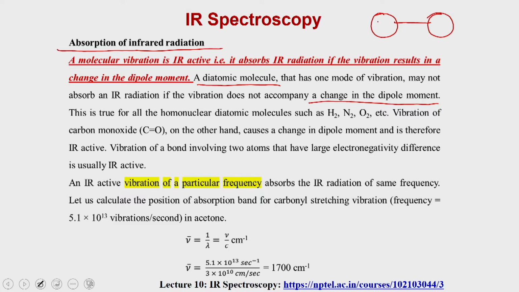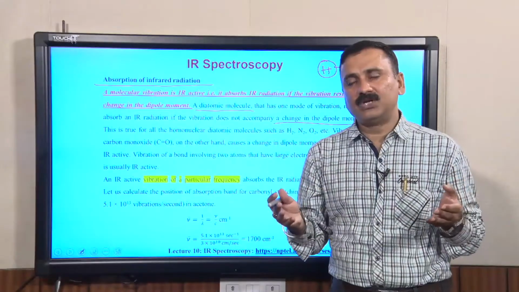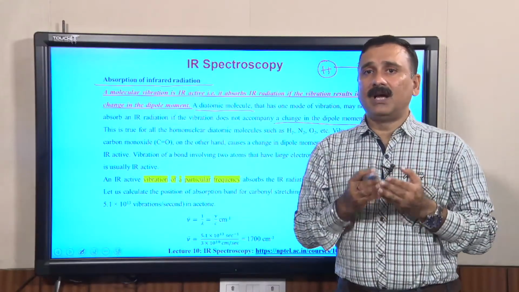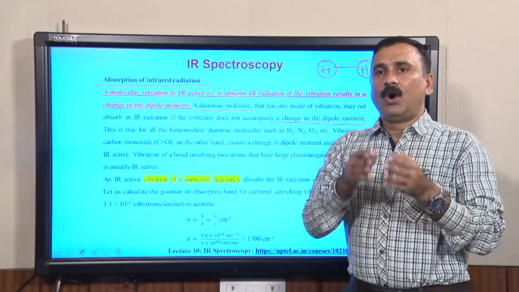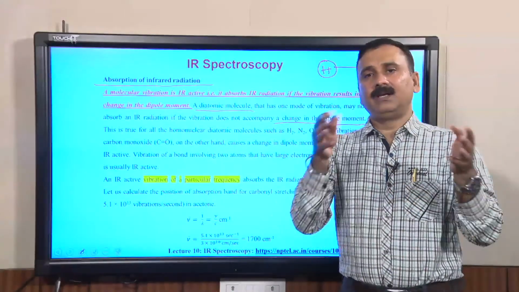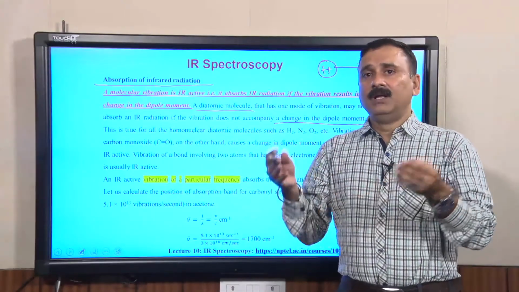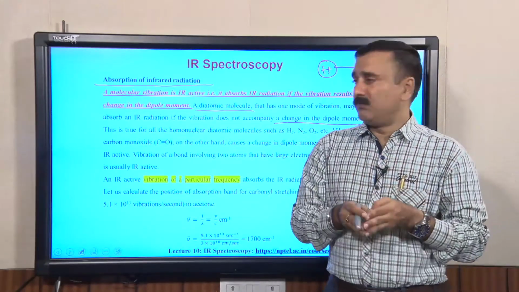For example, if you have hydrogen and hydrogen, two atoms bonded to each other by a single bond, but both atoms are identical, then even if they vibrate, there will be no change in the dipole moment. That is why even diatomic molecules connected through a bond are not IR active, because they show no change in dipole moment.